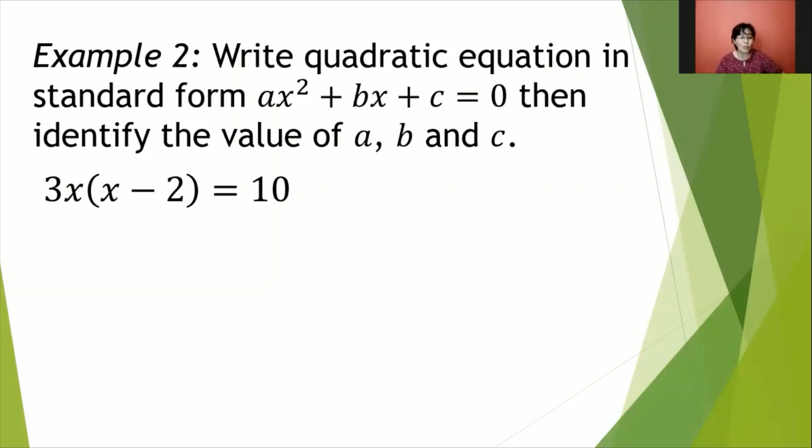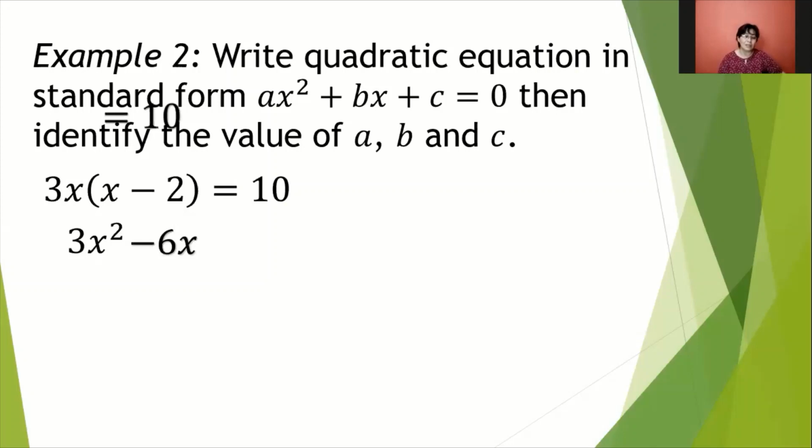The first thing we do is analyze the given mathematical sentence. We have to expand the product. 3x times x is equal to 3x squared. Then 3x times negative 2 is negative 6x. But see to it that you equate the whole equation to 0. Meaning to say, the right side of your equation is equal to 0.